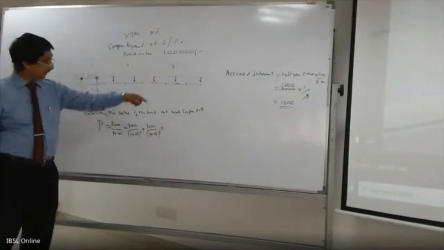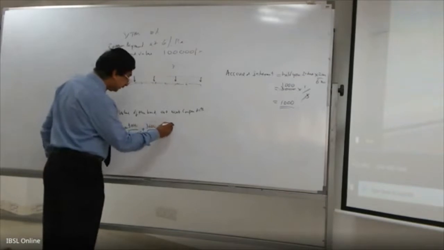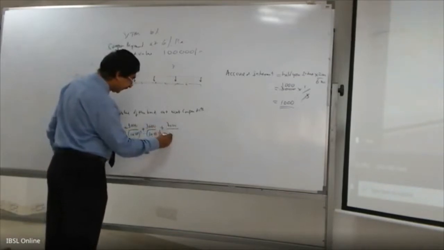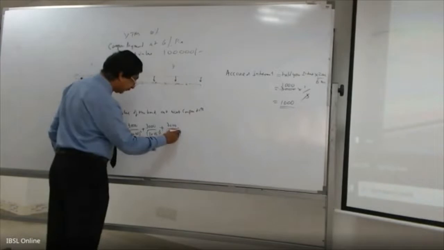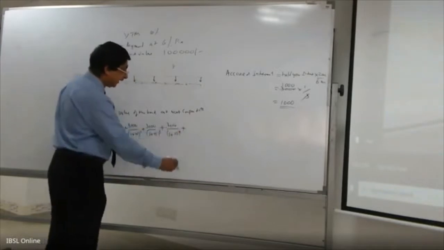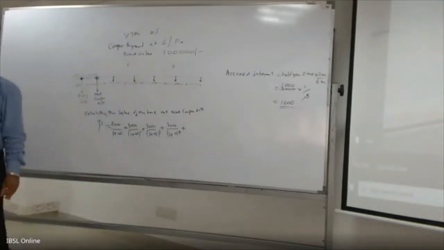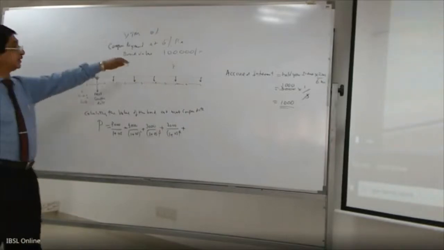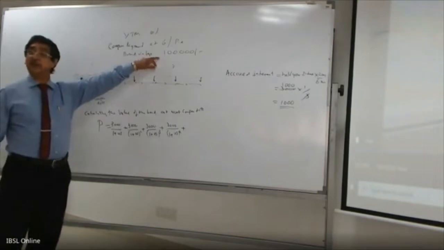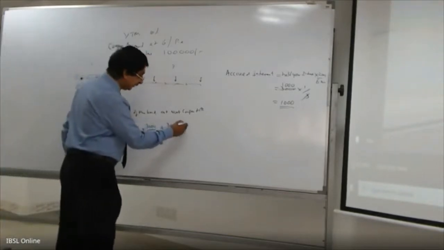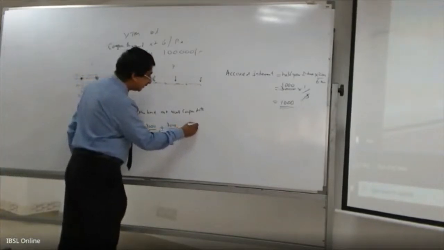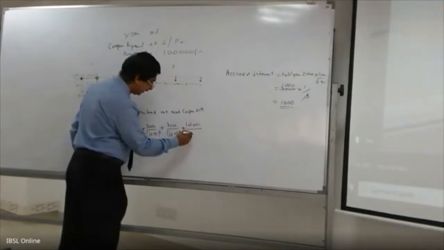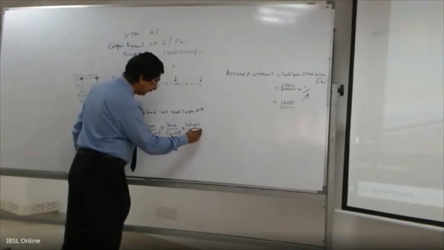Then the other one would be 3000 divided by 1 plus 0.05 to the power 4. And the last cash flow would be not only 3000, maturity proceeds also will come. Maturity proceeds will be 100,000, since we have already assumed that. So here it will be 103,000 divided by 1 plus 0.05 to the power 5.